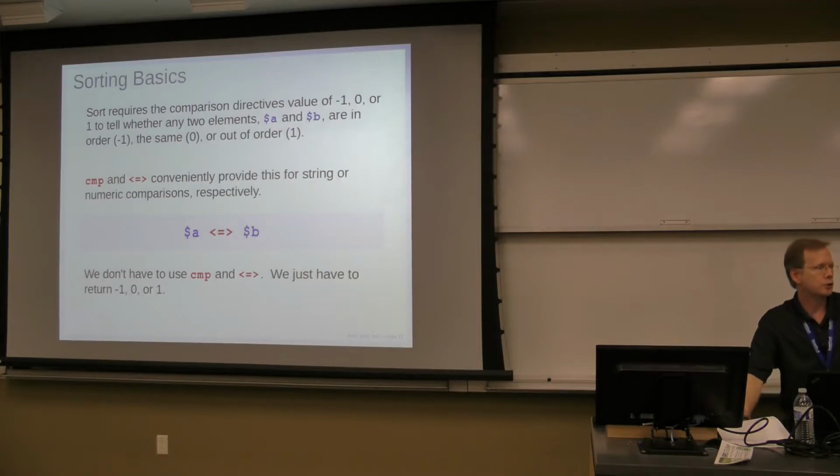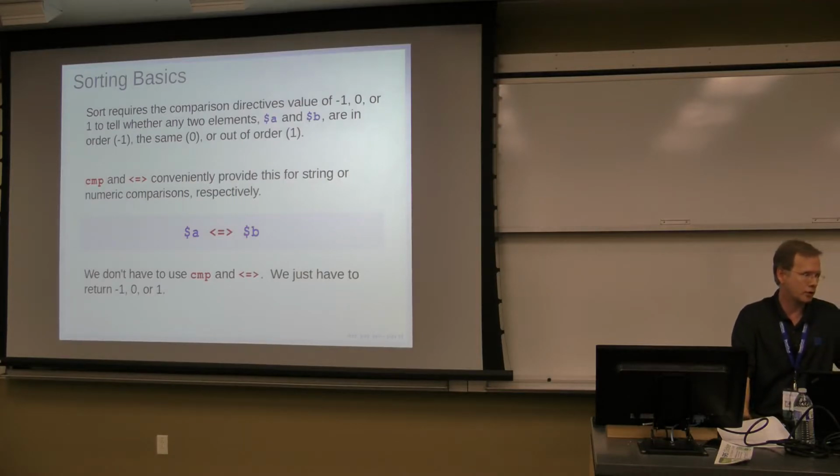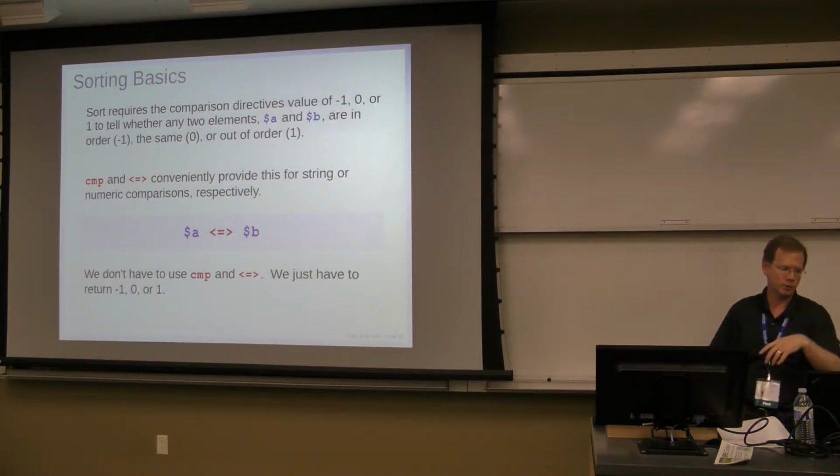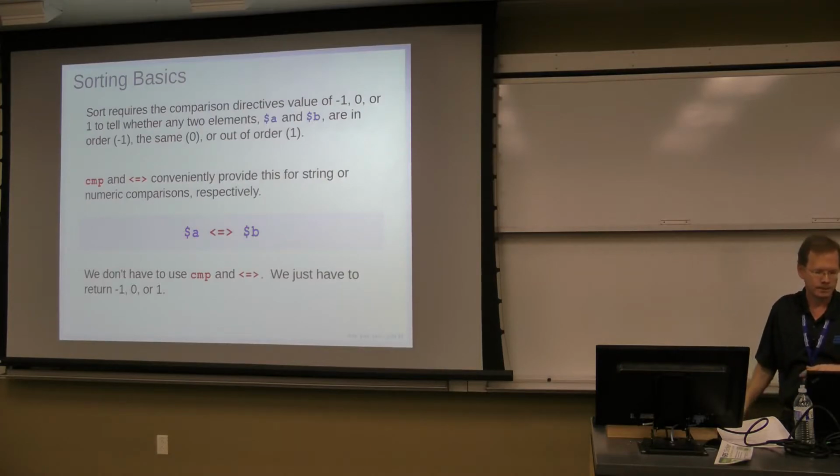But there is a case with 0 where you will want to consider a secondary key. That's where the 0 comes into play, and we'll see that when we talk about having multiple keys for sorting. So you sort first by one thing, and if those are equal, then you sort by the next. We'll see an example with dates.